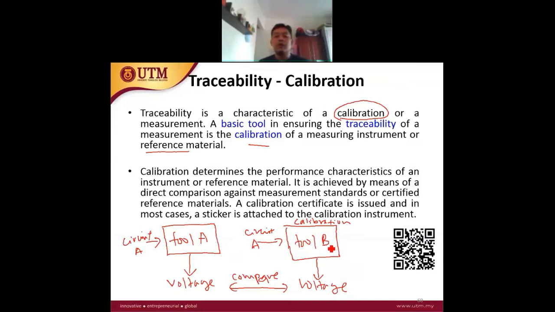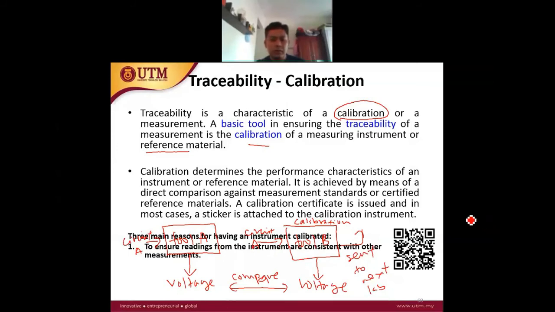And then tool B is kept for calibration, and sometimes tool B will be sent to the next level lab or national lab to verify the performance, and basically to get the certification. So that's basically the process.